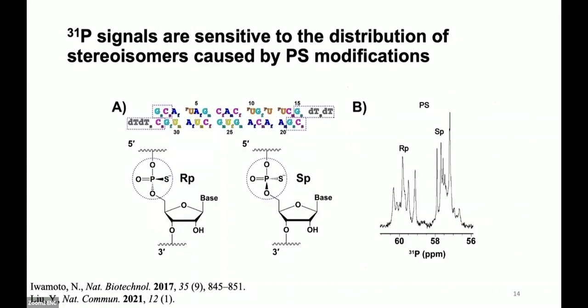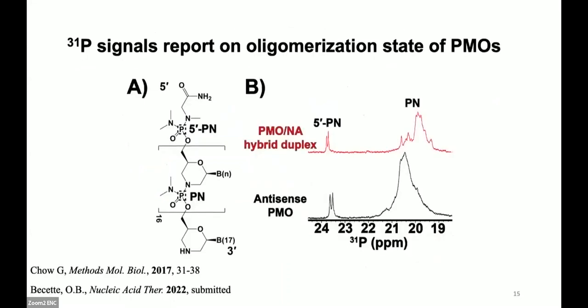There's some growing evidence in the literature that the different diastereomers have different levels of therapeutic efficacy. Therefore, methods that can report on the overall distribution of those stereoisomers, as well as possible characterization, will become of increasing importance.